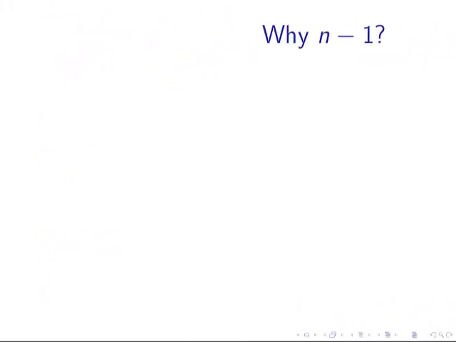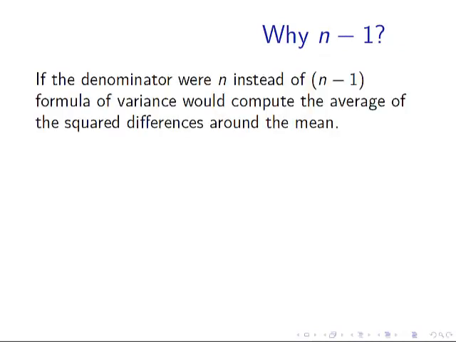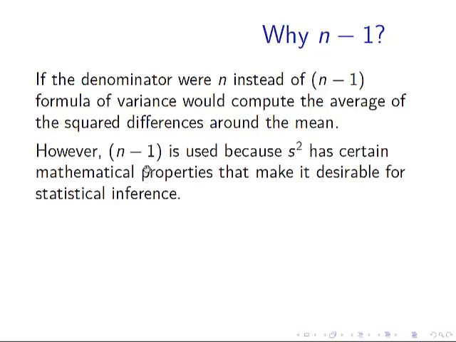Now let's explain why in the denominator of the sample variance we have n minus 1, not n. If the denominator were n instead of n minus 1, the formula of variance would compute the average of squared differences around the mean. However, n minus 1 is used because s squared, the sample variance, has certain mathematical properties that make it desirable for statistical inference, for statistical calculations.